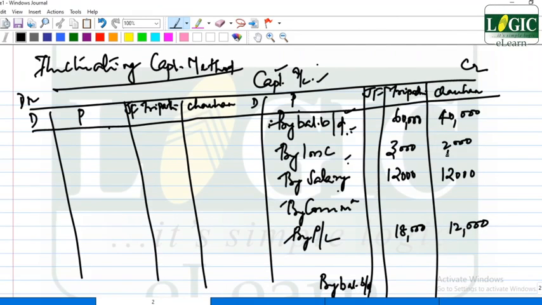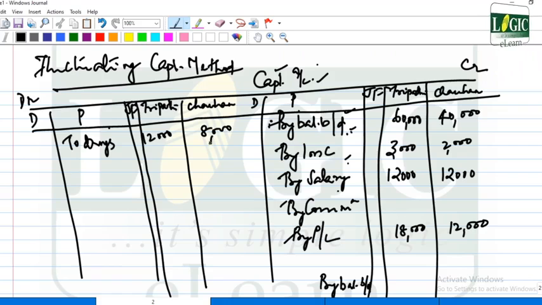Then comes interest on drawings, 5% on drawings, irrespective of the period, which is 12,000 for Tripathi and 8,000 for Chauhan. You will have to understand that drawings reduce the capital balance, hence you show them on the debit side: 12,000 for Tripathi and 8,000 for Chauhan.